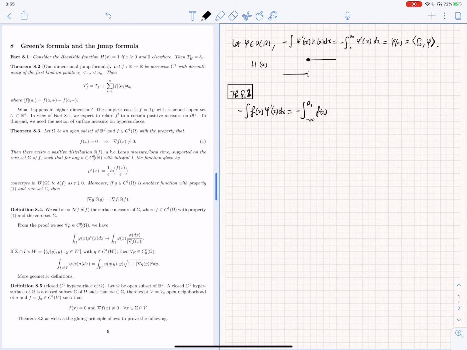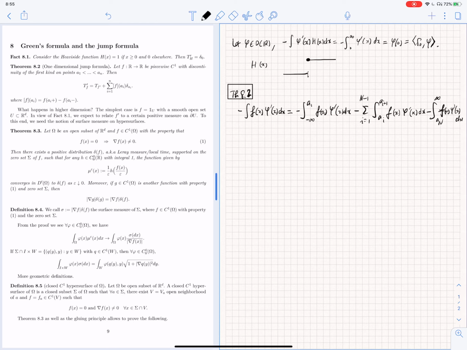So the first interval is negative infinity to A1. Then we have the sum over i from 1 to n-1 of the integral over Ai to Ai+1, which gives the integral on the interval A1 to An, decomposed. And eventually we have the integral from An to infinity of f(x) φ'(x) dx.